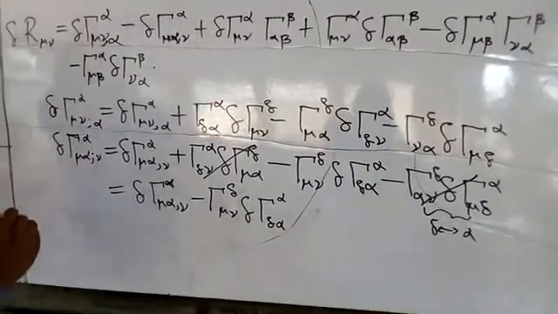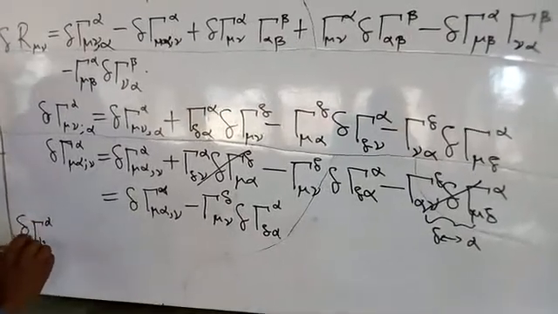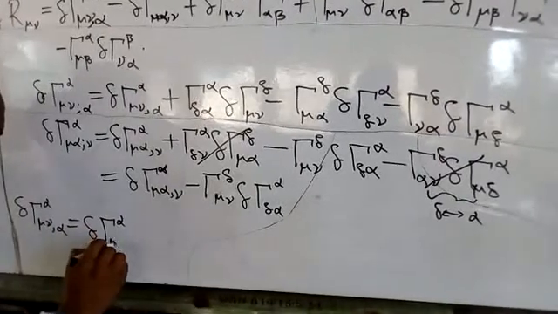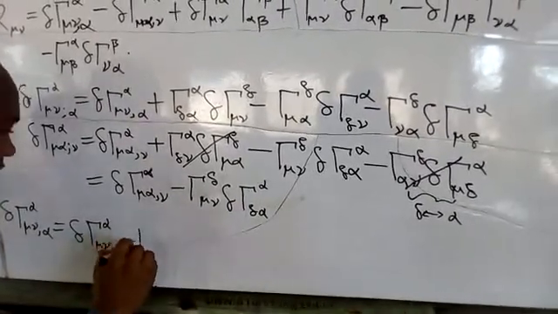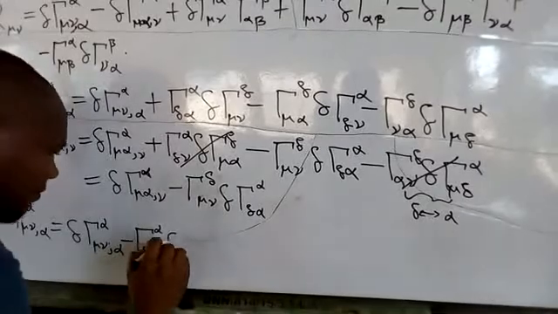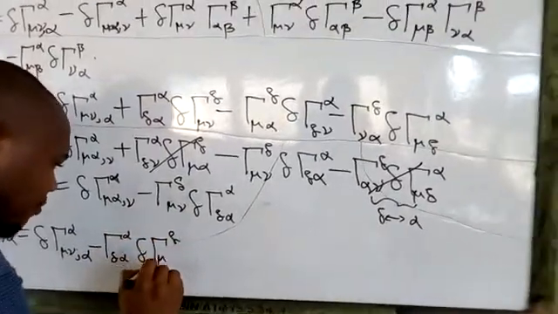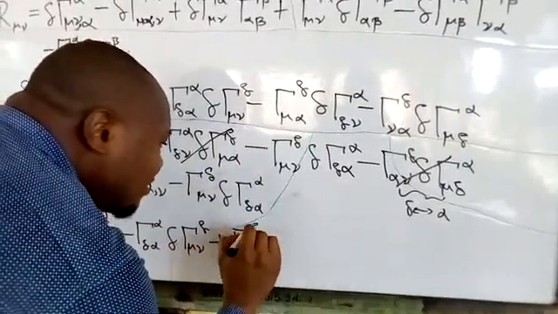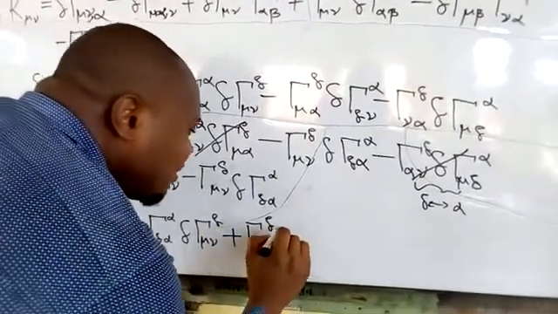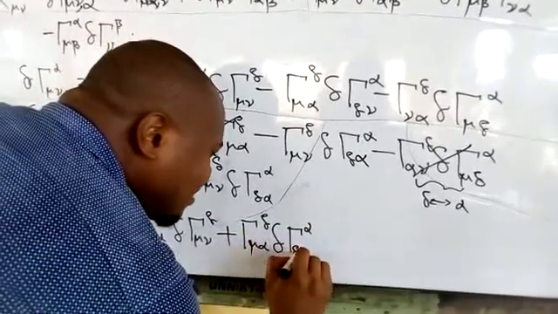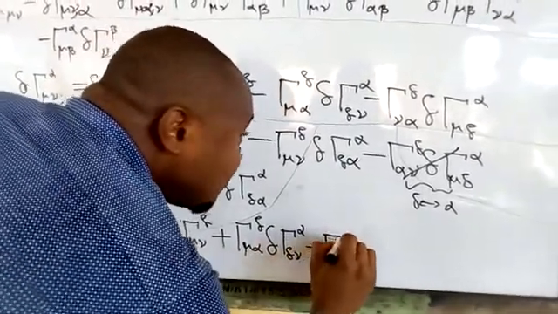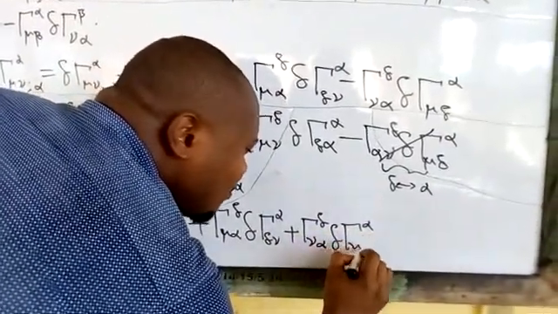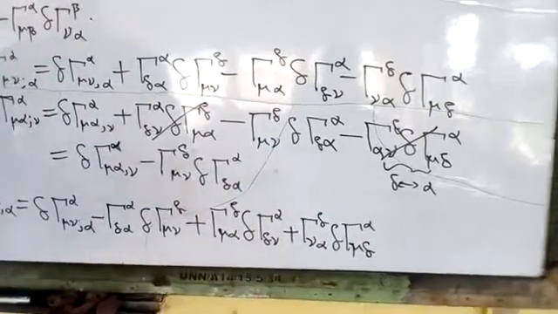In other words, I can write that this alpha mu nu comma alpha is equal to the variation of alpha mu nu alpha minus alpha delta alpha delta mu nu. Okay, so now plus this will become delta mu alpha delta gamma alpha delta nu, and then plus delta nu alpha delta gamma alpha mu delta. That is that.